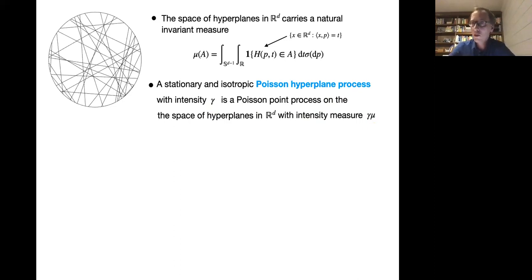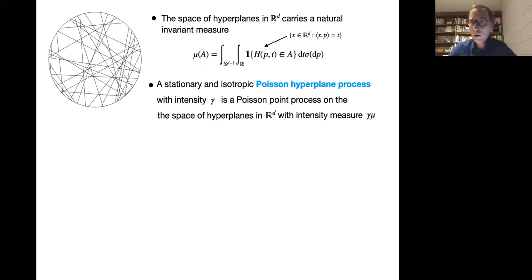So this gives you a random collection of hyperplanes. If you look at two disjoint sets of hyperplanes, the numbers of hyperplanes falling into these sets are independent. And the number of hyperplanes falling into a certain set A follows just a Poisson distribution with parameter gamma times mu of this set. So this is this Poisson point process.